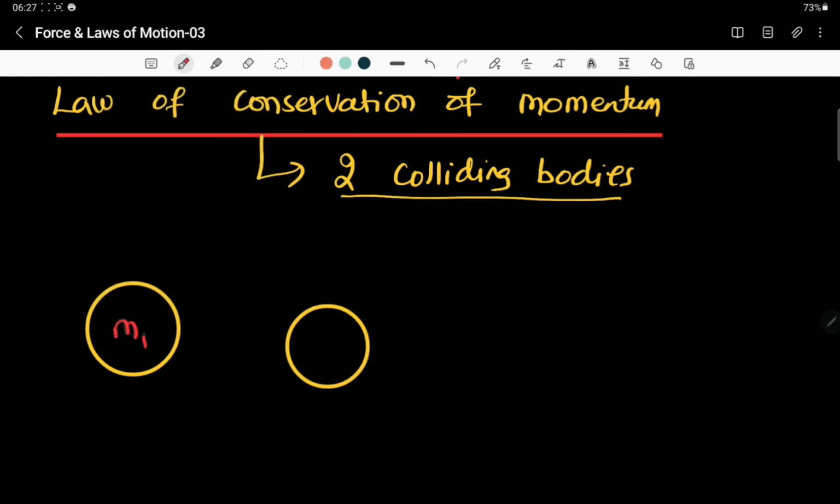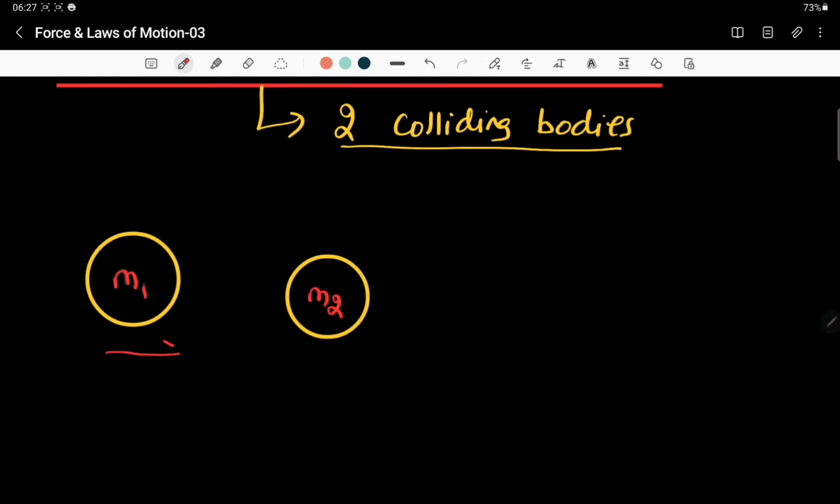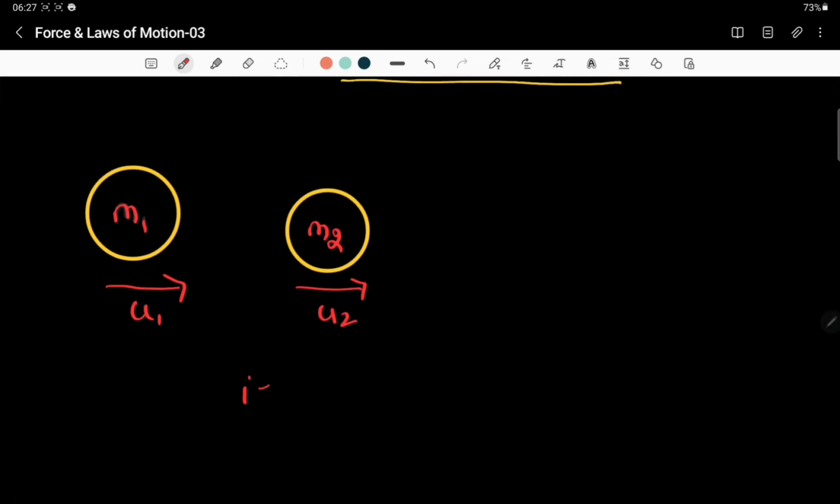Here is a body with mass m1, moving with velocity u1, and the body with mass m2 is moving with velocity u2. If u1 is greater than u2, you understand the meaning of this? The velocity of the first body is greater than the velocity of the second body.